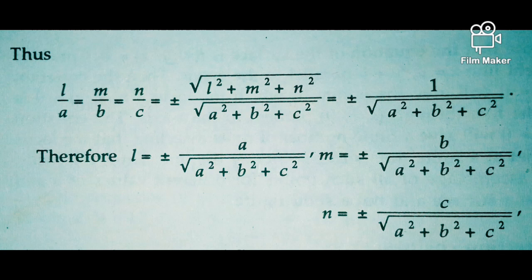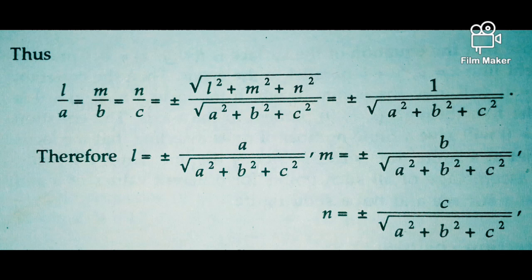Thus, L by a equals M by b equals N by c equals plus or minus the square root of (L squared plus M squared plus N squared) divided by the square root of (a squared plus b squared plus c squared), which equals plus or minus 1 by the square root of (a squared plus b squared plus c squared), because L squared plus M squared plus N squared equals 1.